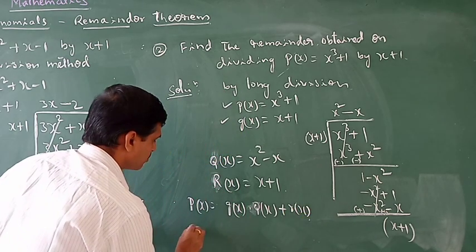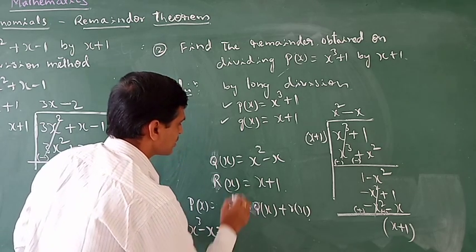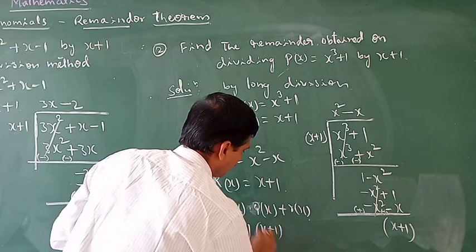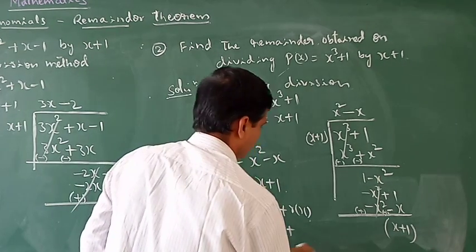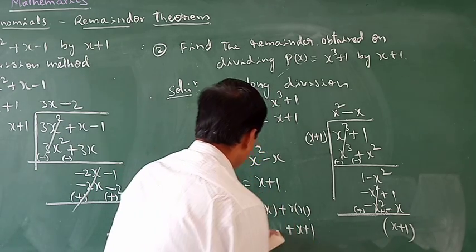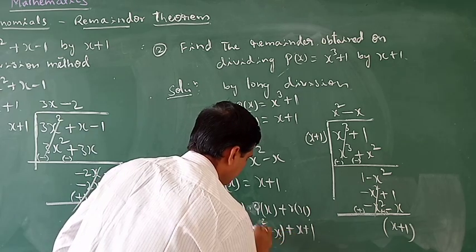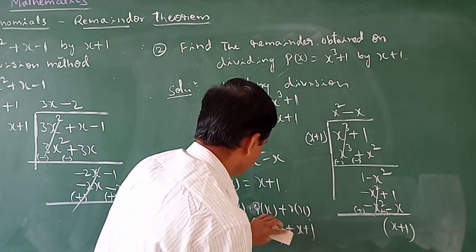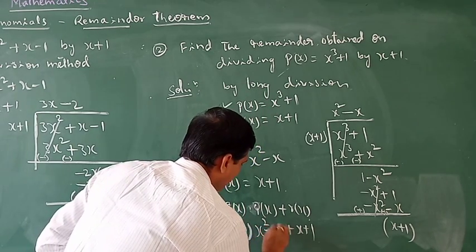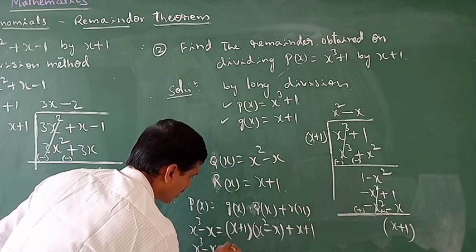So that is p of x, which is x cube plus 1, equal to g of x, which is x plus 1, times the quotient x square minus x, plus the remainder x plus 1. I want to repeat, x square minus x. Suppose you multiply, you will get the right hand side equal to the left hand side.